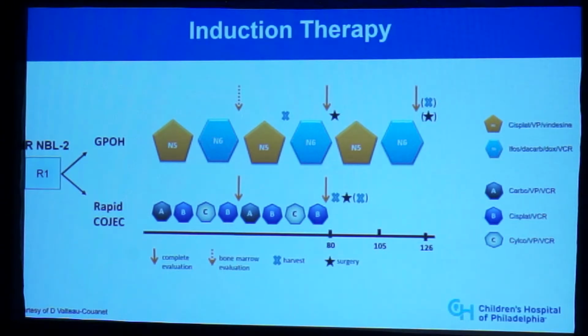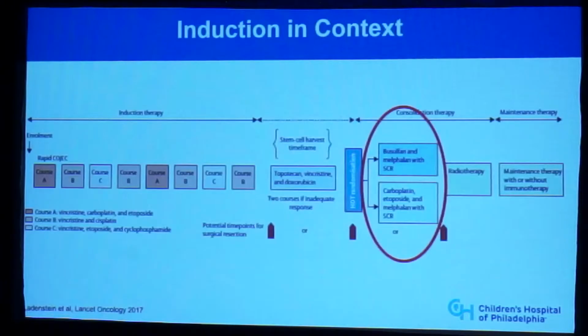Another important thing to think about when we think about these induction regimens is that they're not given in isolation in our therapy. We can look at induction and induction response rates all we want, but we have to think about what comes after for our patients. The way I usually explain this to our new fellows is you can have a great shirt, but if it doesn't go with your pants, it's not going to work.